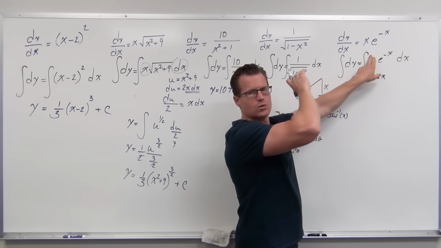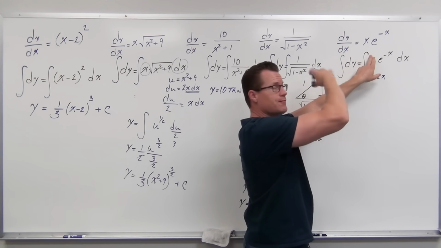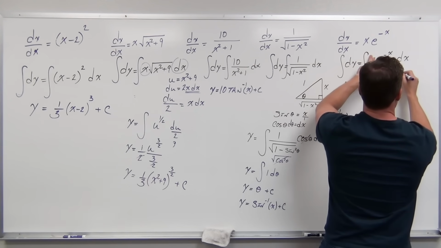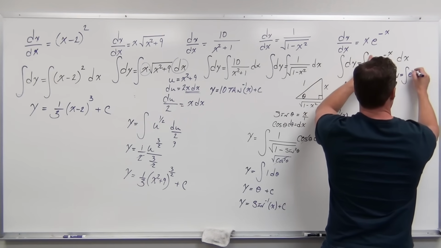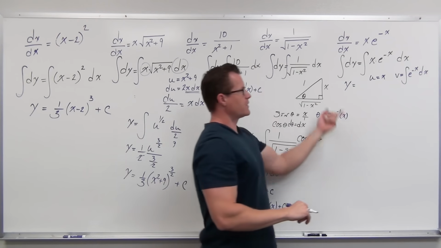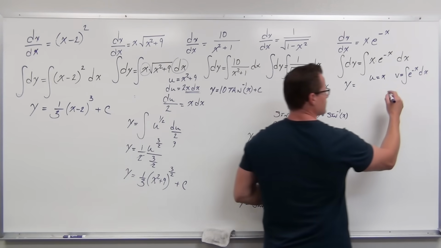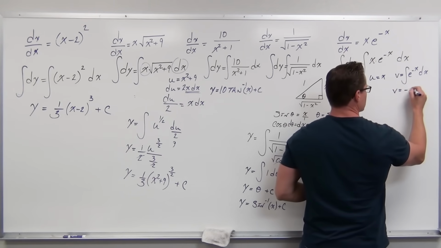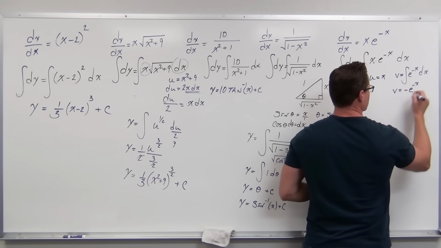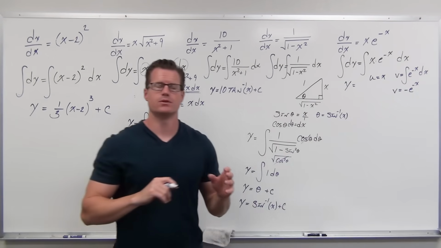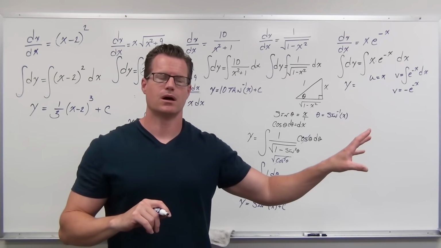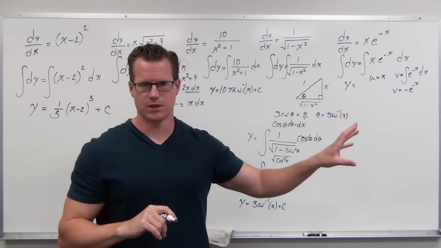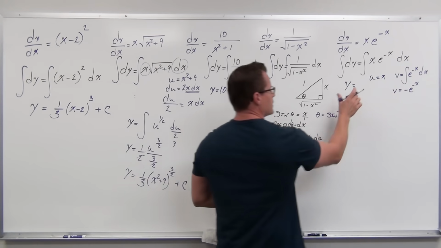V is the integral of whatever's left over, so v is everything else. If we actually do that integral, you don't need a plus c here. If you did a plus c, you would wrap that up later on with a larger plus c. You don't need one right there.